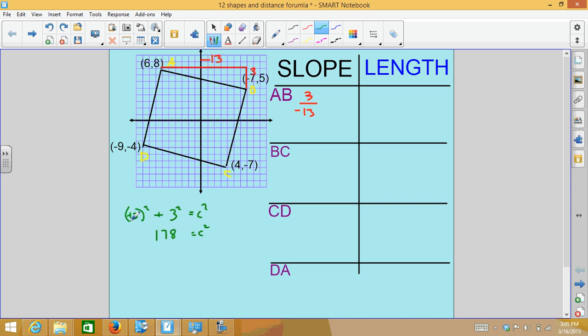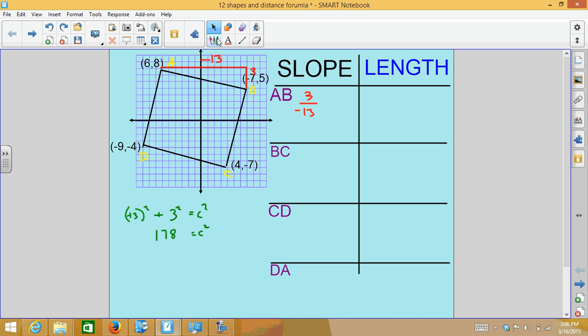This means negative 13 times itself twice. If you just plug it in your calculator like this, your calculator is going to assume that you are just using the negative with the first number. Okay, and that's not what we want to do. We want to multiply negative 13 by itself twice.